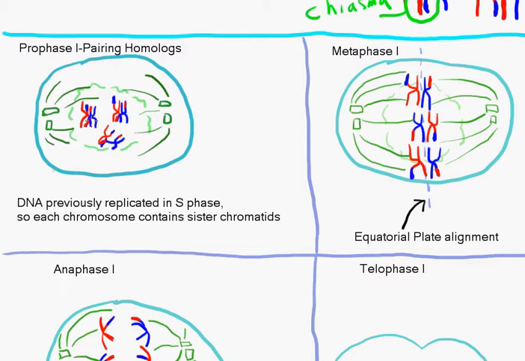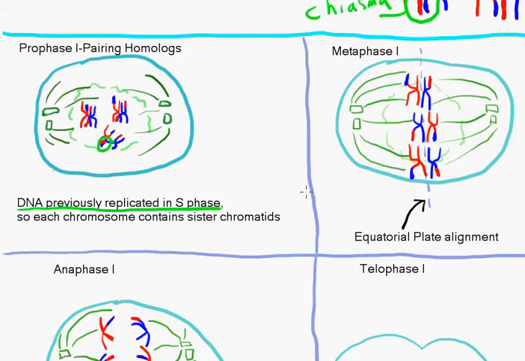I tried to illustrate it here, the chiasmata that I was talking about earlier. And this just states that the DNA was previously replicated in the S phase, which I don't have documented.